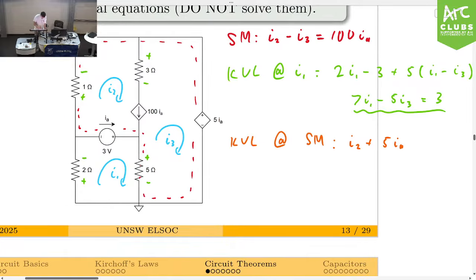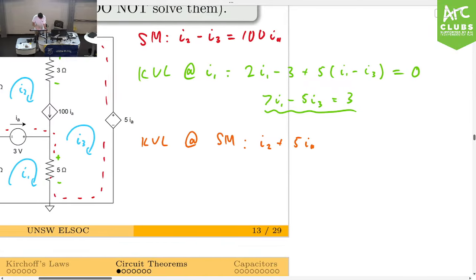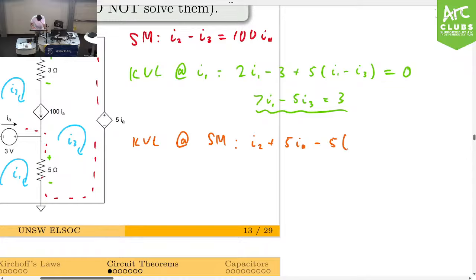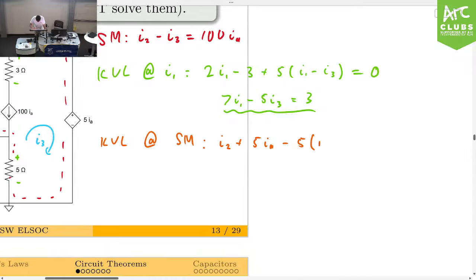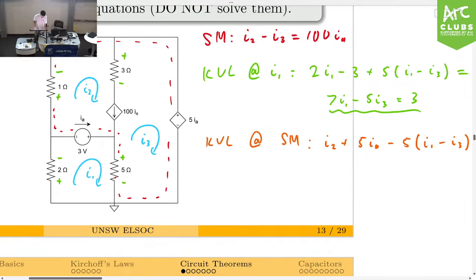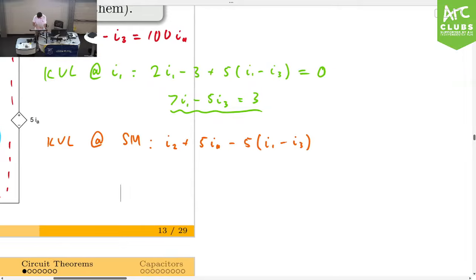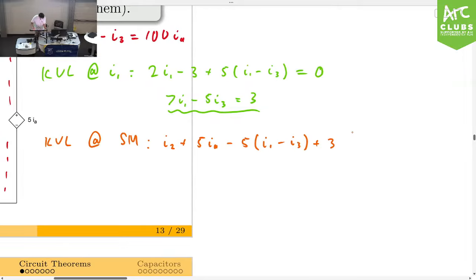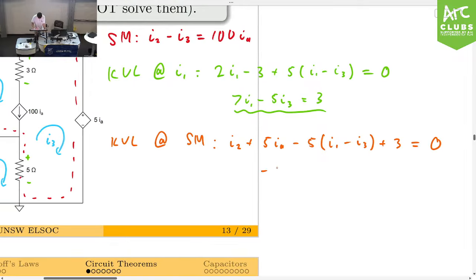We're going through the negative terminal of the 5 ohm resistor, so negative 5 times I1 minus I3. And then going through the positive terminal of the 3 volt source. So plus 3, and that should all be equal to 0. Okay, and then same thing, we simplify this down. We should get this.